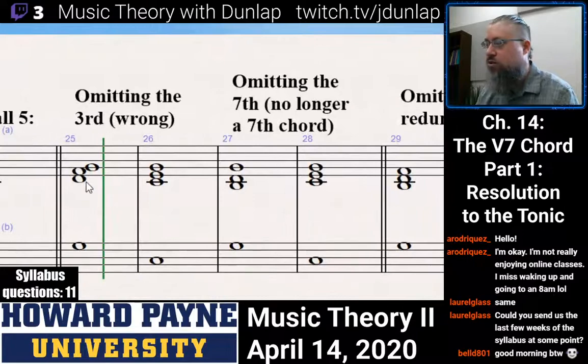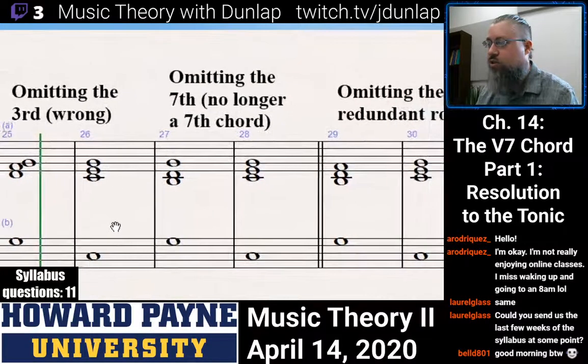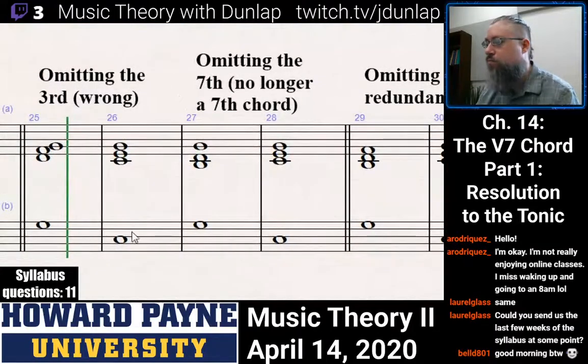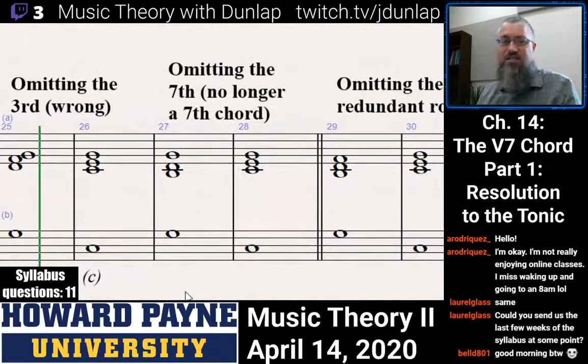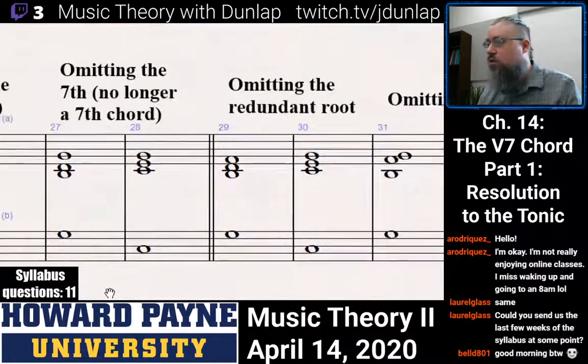So if we omit the third and that's wrong, then this all resolves correctly and we end up with a complete voicing of the tonic triad. And we indicate complete voicings by putting a C. If we omit the seventh, it's no longer a seventh chord.